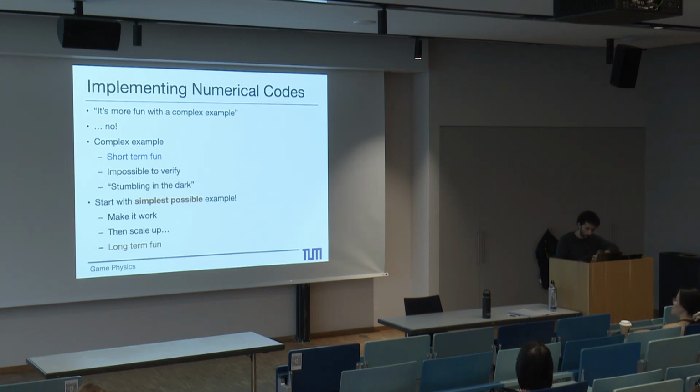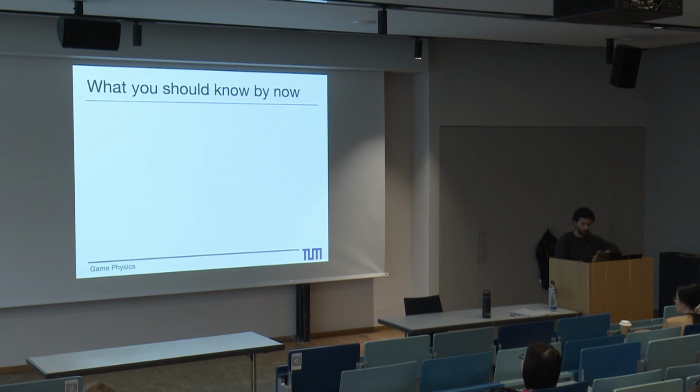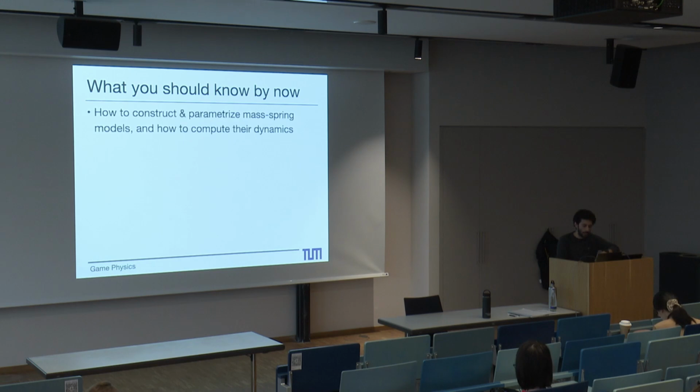So, the final slide for today is what you should know by now, or at least once you go back to this content and study it: how to construct and parameterize a mass spring system and compute the dynamics according to the numerical integration systems that we have described before.